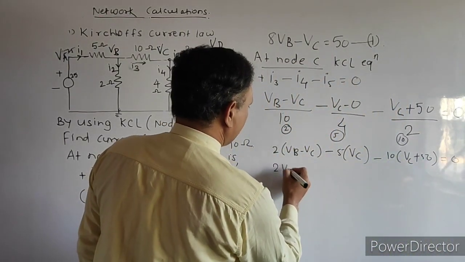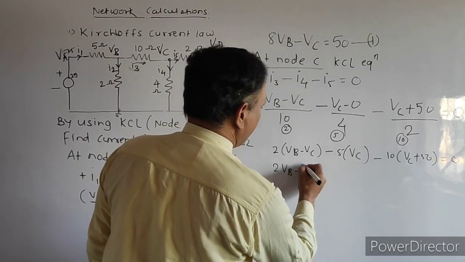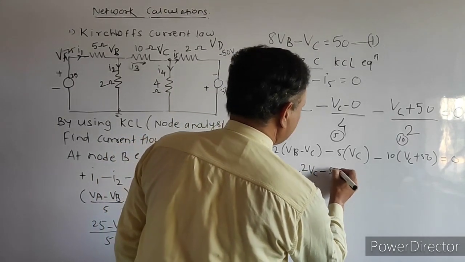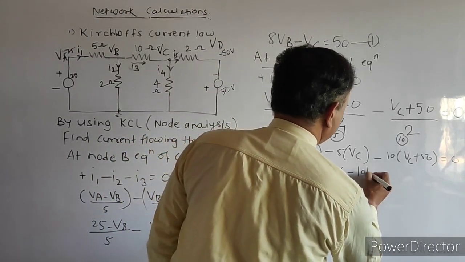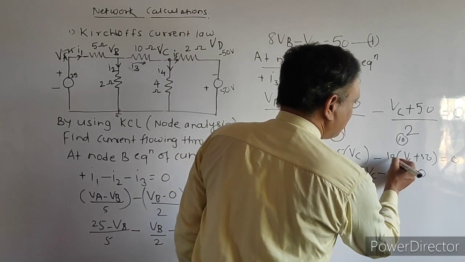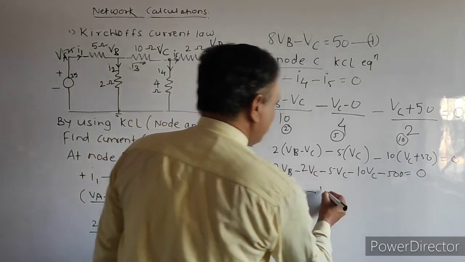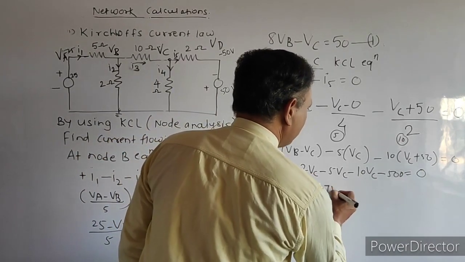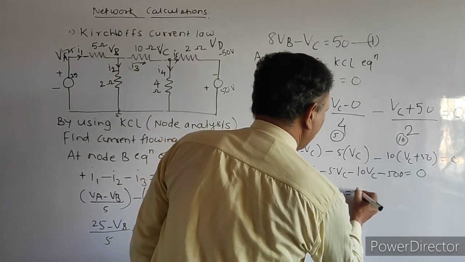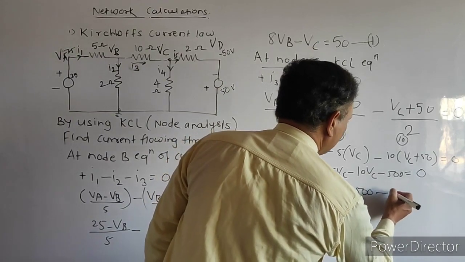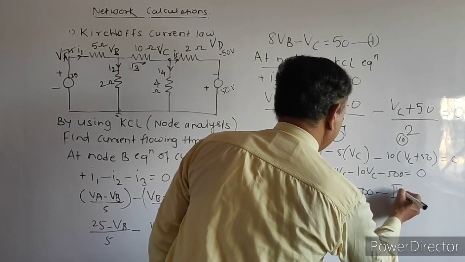After solving this, 2VB minus 2VC minus 5VC minus 10VC minus 10 into 50 is 500. So 2VB minus 17VC is equal to 500 by the transformation. So this is my second equation.